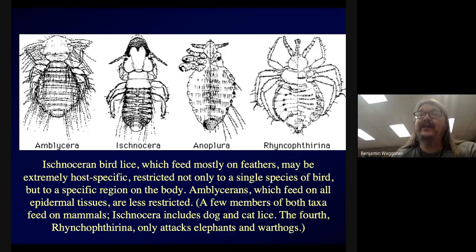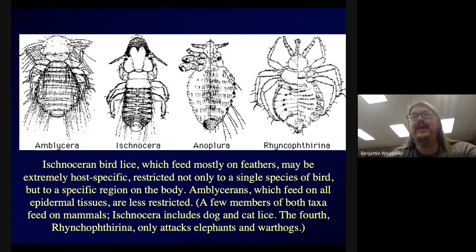They're restricted to living on elephants and warthogs. And you'll note that that Rhynchoptherinan has very long mouth parts. Given that elephant and warthog hide is extremely thick, you need mouth parts that are built like an oil drill if you're going to suck blood from an elephant.